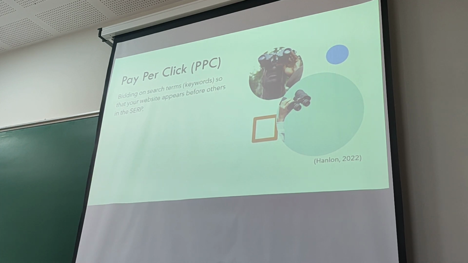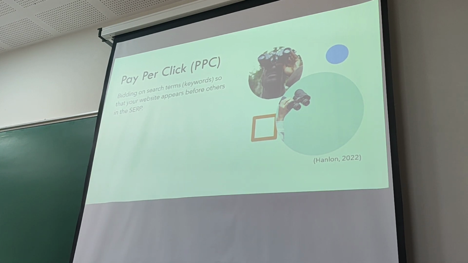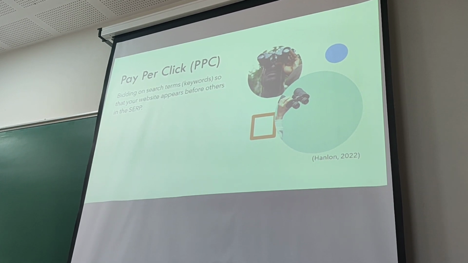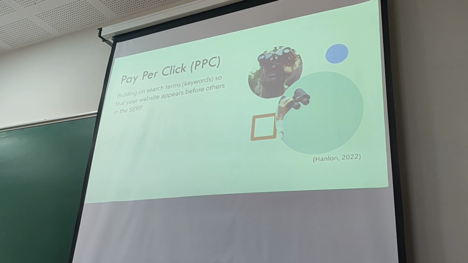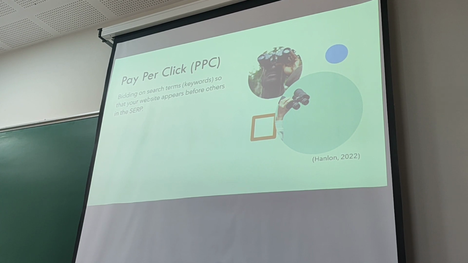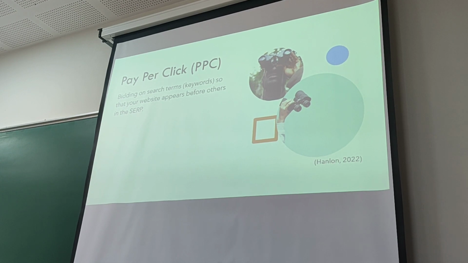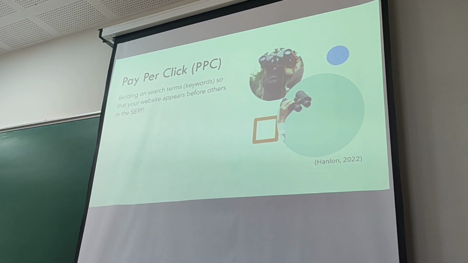So basically, pay-per-click is when you bid on a search term, the things that people are typing into the search engines, so that your website appears before others in the search engine results page. So you're picking a keyword that you've done your research into, what your audience is searching for, the sorts of words they'll search for to find your product, or that you think they might want your product if they're searching for it.